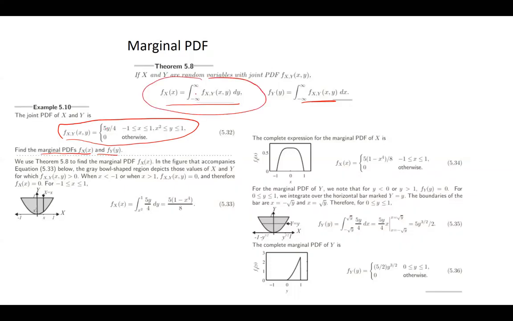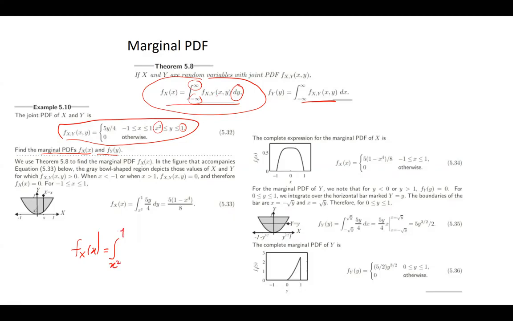Now we have to know the limits of this integration. To find the limits, I have to look at the range of Y. So the range of Y here is x squared to 1. So we simply write fX of x as the integral from x squared to 1.